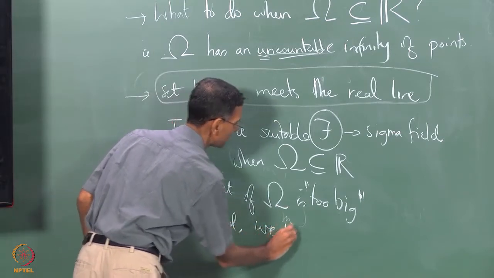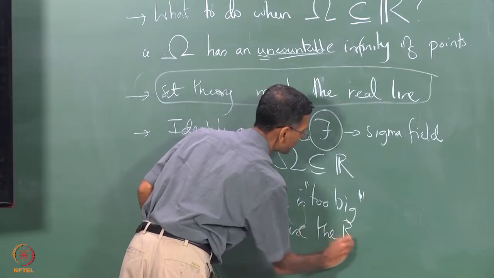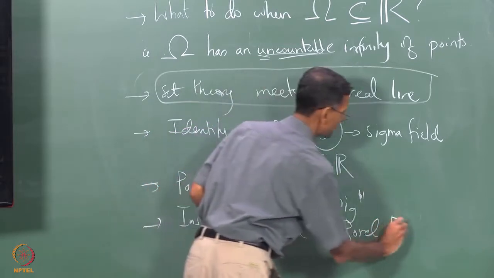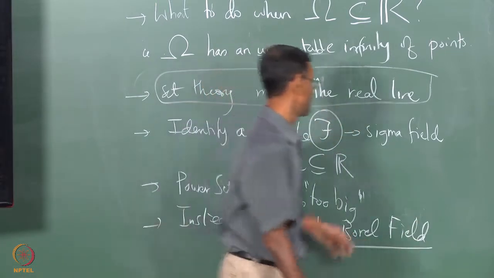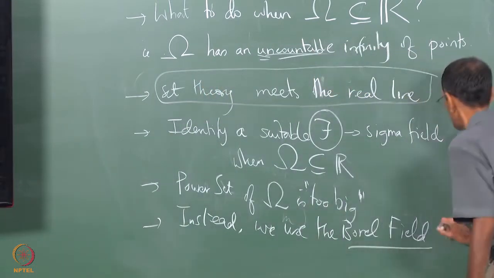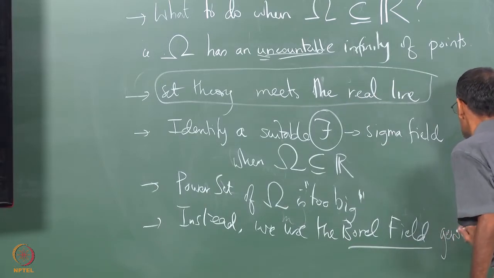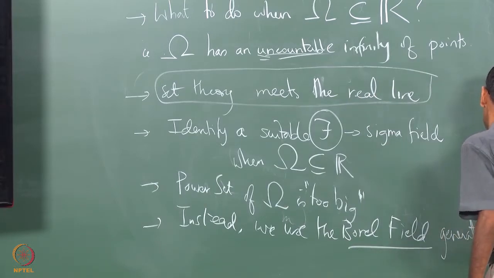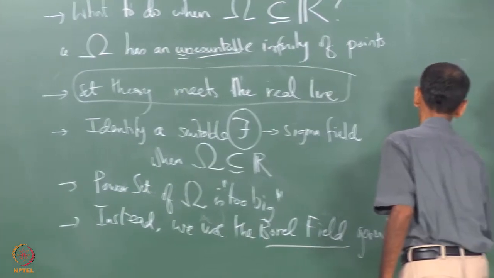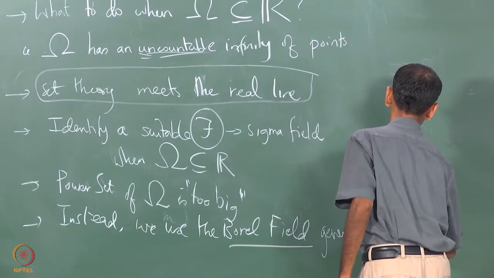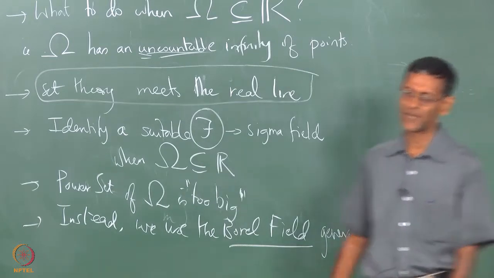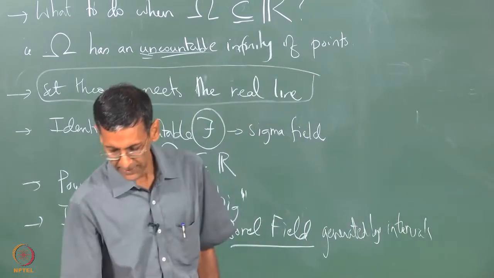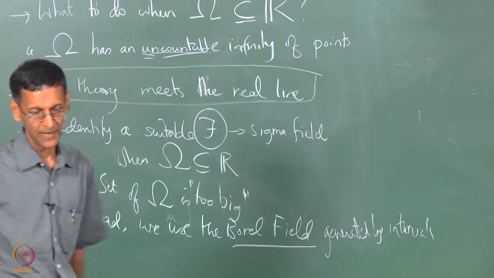We use the so called Borel field. Borel is the name of a mathematician, by the way. The Borel field generated by intervals. Now, to flesh out what I mean by this term, generated by intervals.